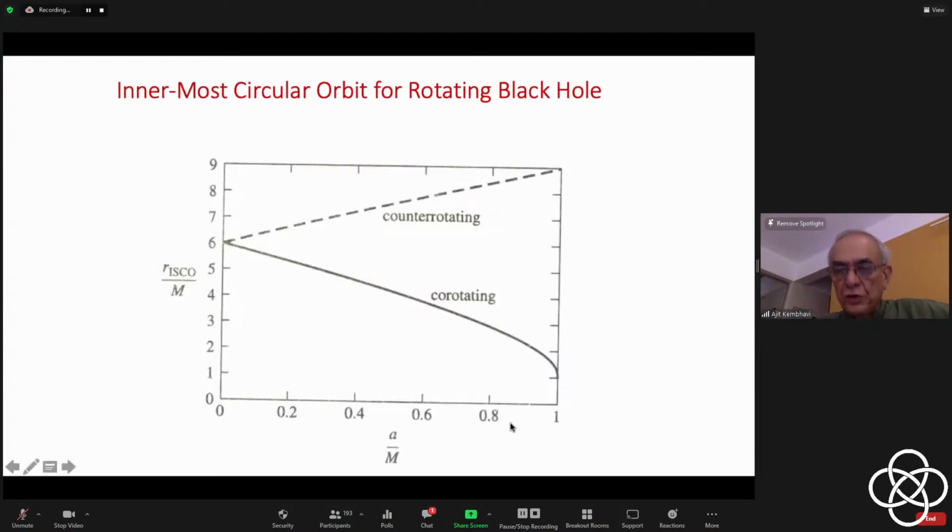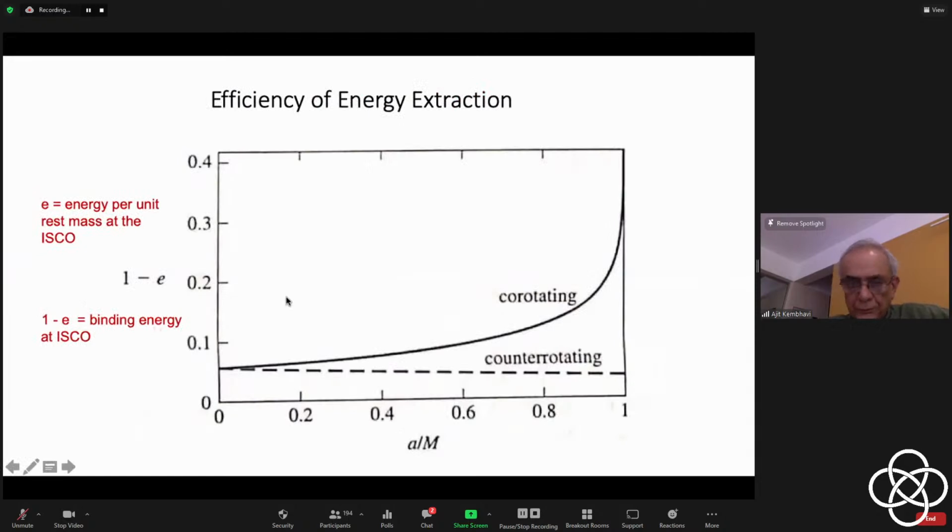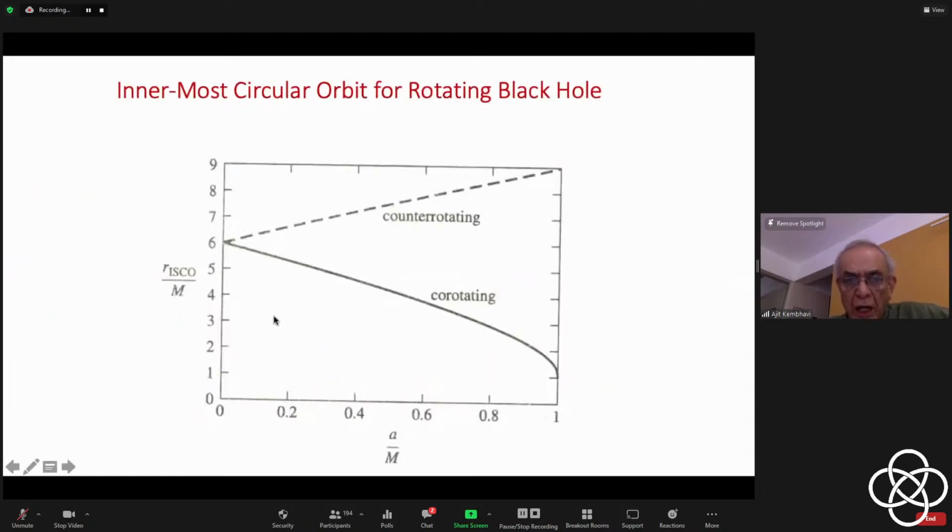Here is a plot. So you remember that in the Schwarzschild case, we had the innermost stable circular orbit, ISCO. And at what point did it occur? It occurred at r equal to 3 r_s.